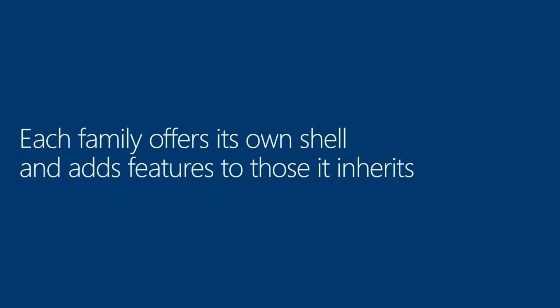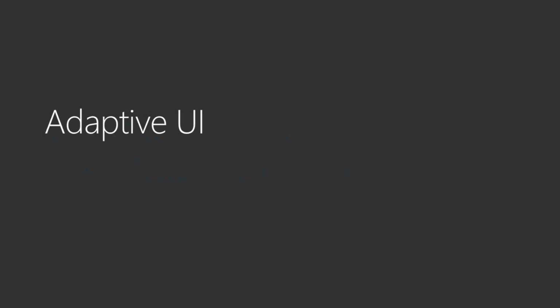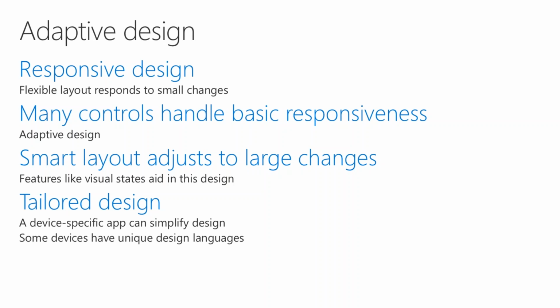As I mentioned, Xbox may have a feature which you do not find on the phone, because the Xbox device family inherited the same core but added an additional capability, whereas the phone inherited from the same core but adds its own phone-related features. And the biggest thing about UWP is adaptive design.